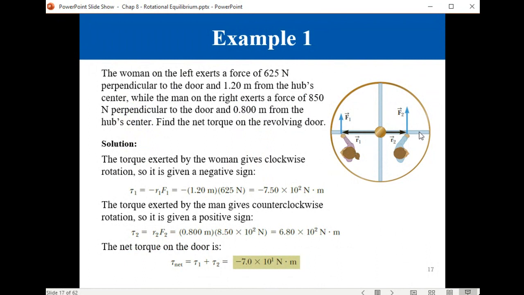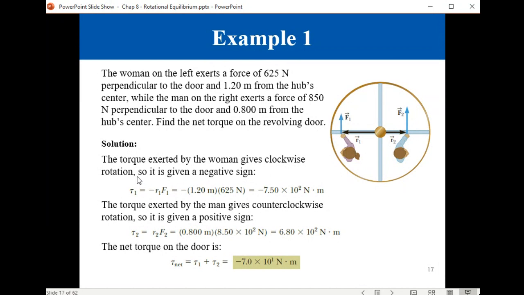The man on the right exerts a force of 850 newtons perpendicular to the door and 0.8 meters from the hub's center. So R2, the lever arm for the second force, is 0.8 meters. Find the net torque on the revolving door.